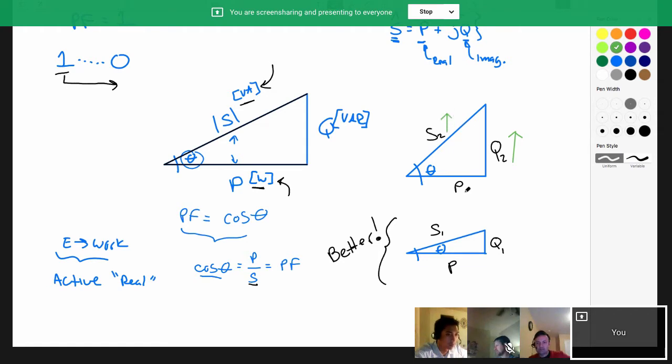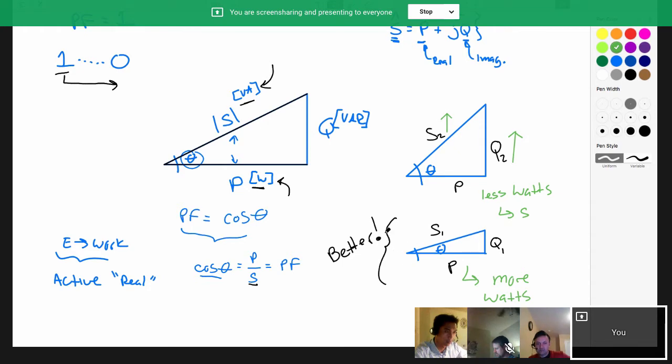So in other words, when we compare these two, we're getting less watts compared to the total number of volt amps. And here, that ratio is going to be better. We're getting more watts per volt amp, right?